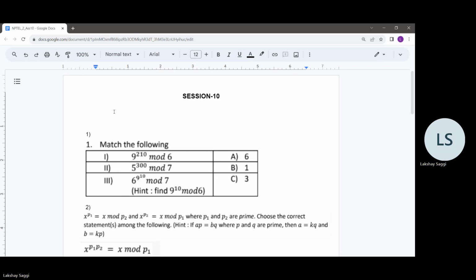So first of all, there are three primary things in number theory which you should know. First is Fermat's little theorem. What is Fermat's little theorem?